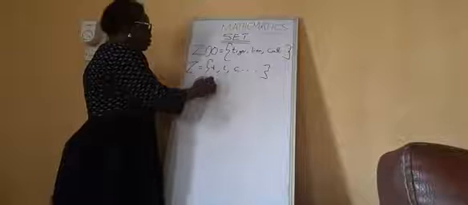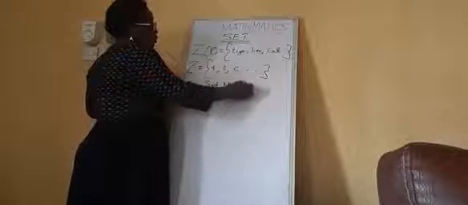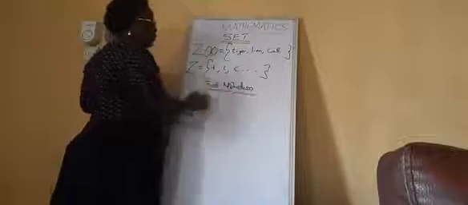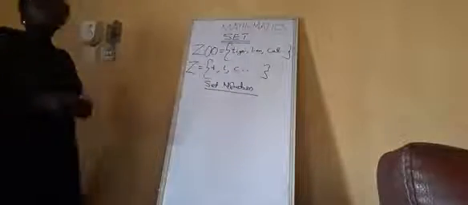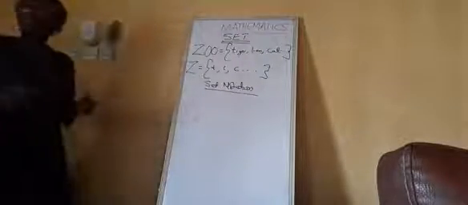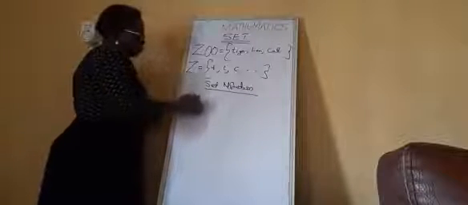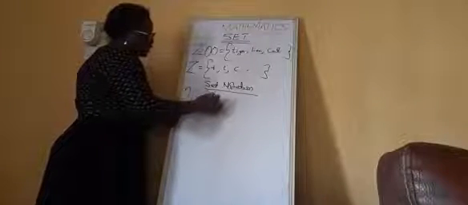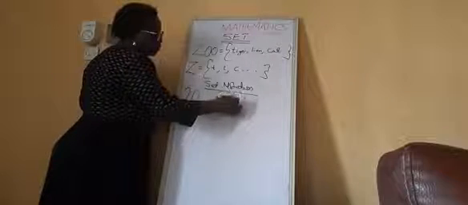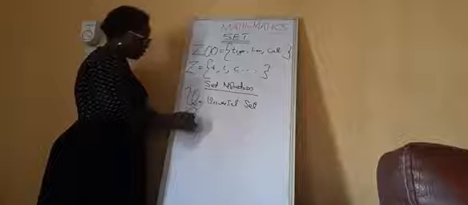Set notation is what we use to describe sets. So you should be conversant with the notation. Like this, we have what we call universal sets, or like this.